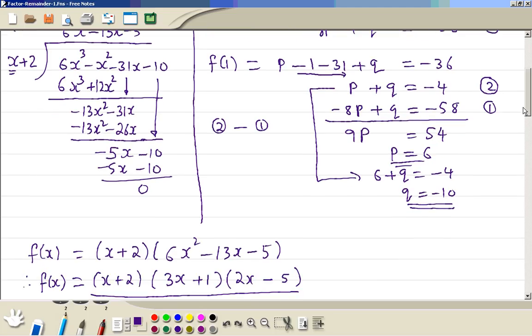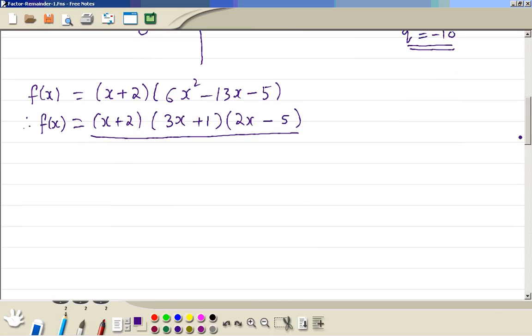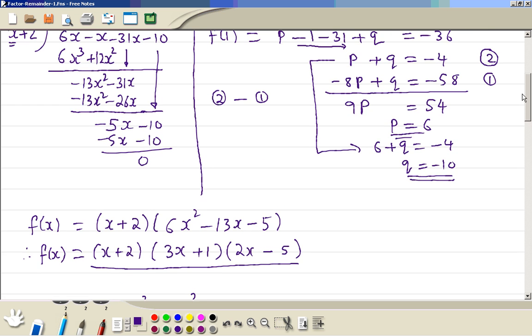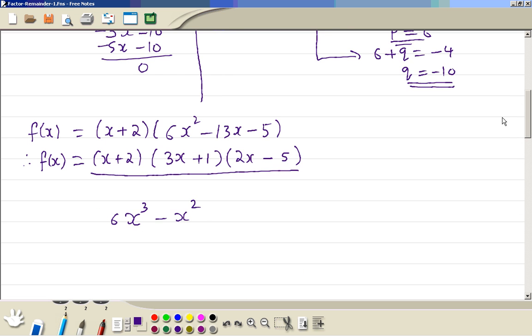Now alternatively, 6x cubed minus x squared, then we have minus 31x minus 10, and we know the one factor, which is x plus 2.